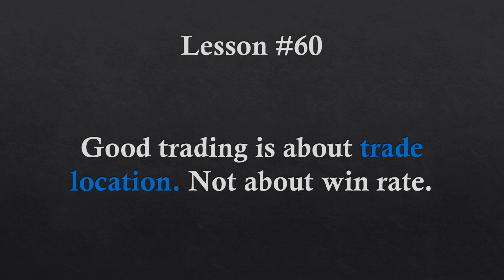Good trading is about good trade location, meaning entering the trade near a reversal point with a small logical stop and a large potential reward. Once again, you can break accounts repeatedly with a 99% win rate, and you can be consistently profitable in the long term with a 35% win rate. What matters most is the trade location.